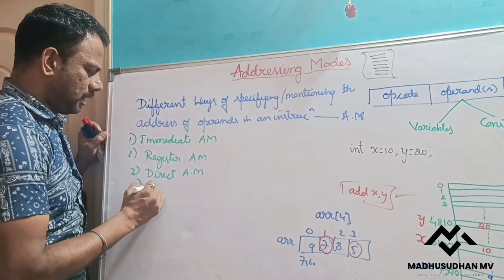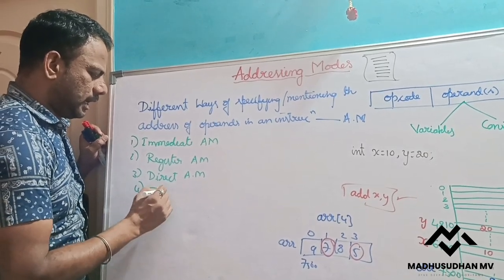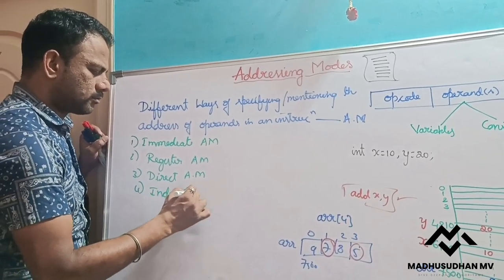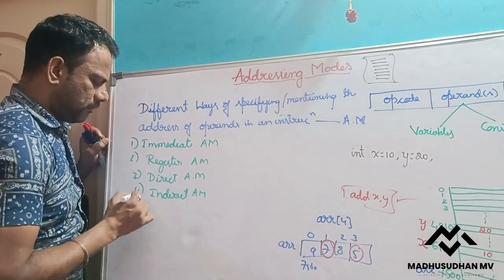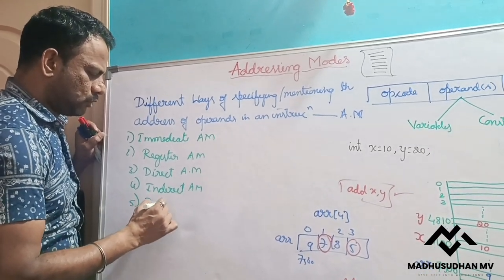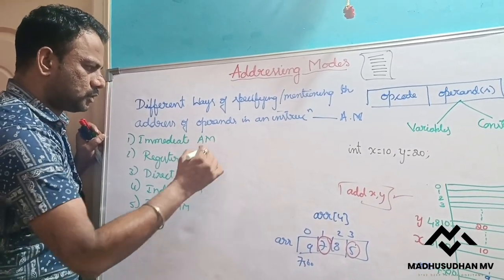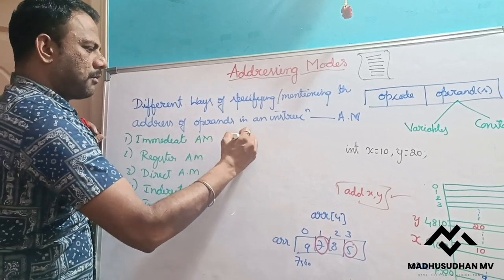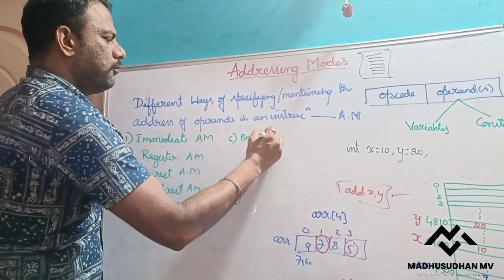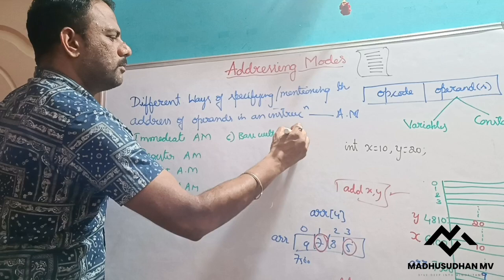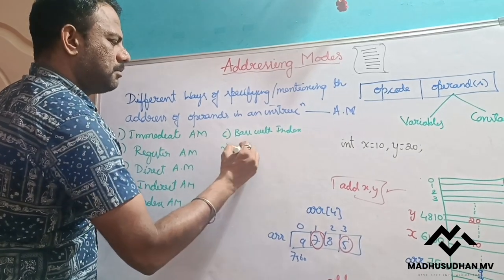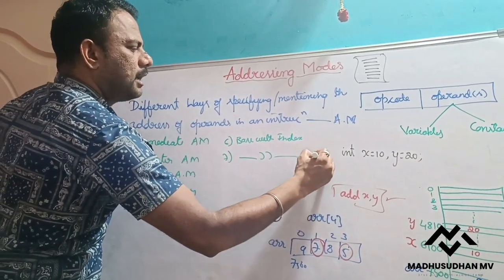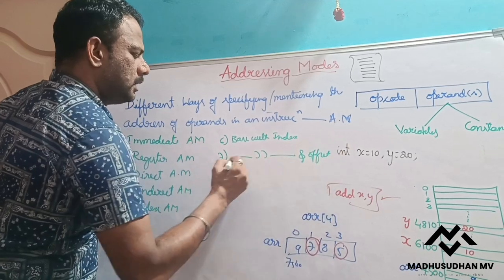Then we have indirect addressing mode. Then we have index addressing mode. Then the sixth one is base with index addressing mode. Next, the 7th, base with index and offset addressing mode.